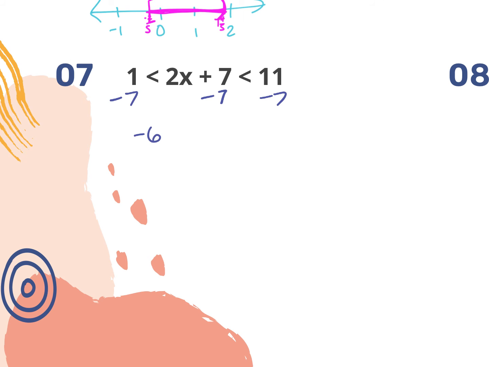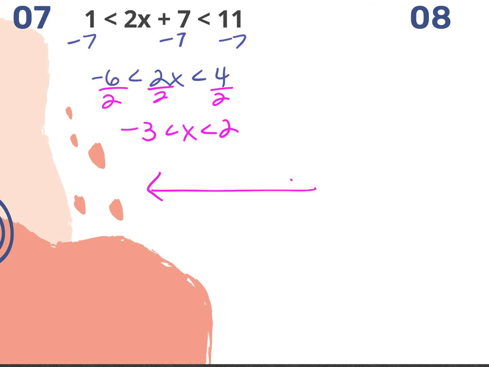Seven. Negative 6 less than 2x, which is less than 4. Divide both sides by 2. Negative 3 is less than x, which is less than 2. Parentheses on each, shaded in between.